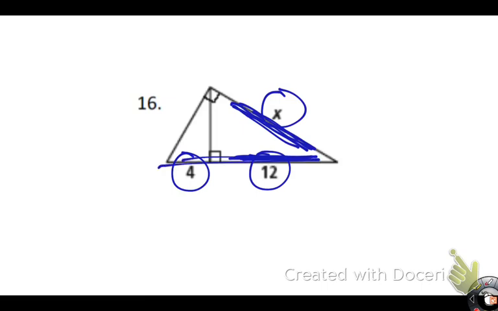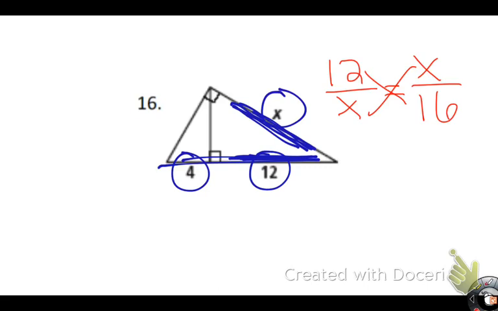Okay, so the proportion goes 12 over x is equal to x over the whole thing, which would be adding those two together. So that is 12 plus 4, so 16. All right, so now we cross multiply. So then we multiply 12 times 16.